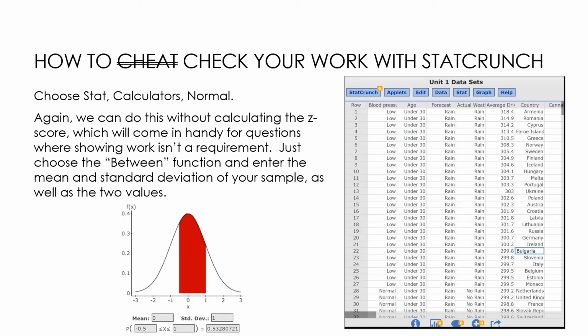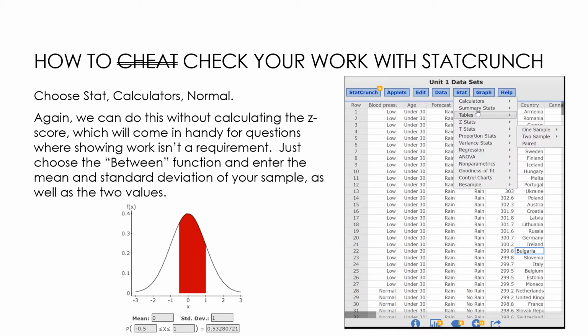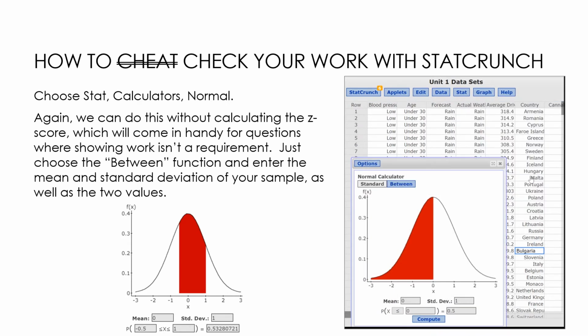Now, just as I did before, I really want to make sure that I did everything right. And so even though in many questions I will be asked to find the z-score, maybe I'm doing this question in my stat lab and I don't have to find a z-score, or maybe I just want to check my work. So I'm going to go back to Stat, Calculators, and Normal, just as I have been doing for all of my questions.